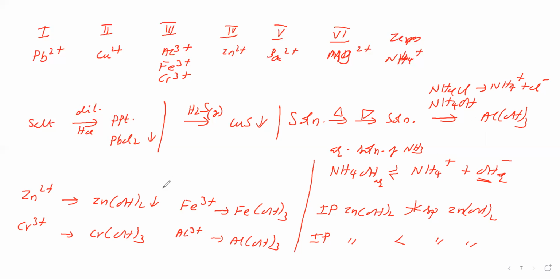Okay, sir. So now we can say that some of the metal ions precipitate with ammonia. Next, some of the metal ions precipitate with ammonia and dissolve in excess ammonia. Which one is that? That we will see.